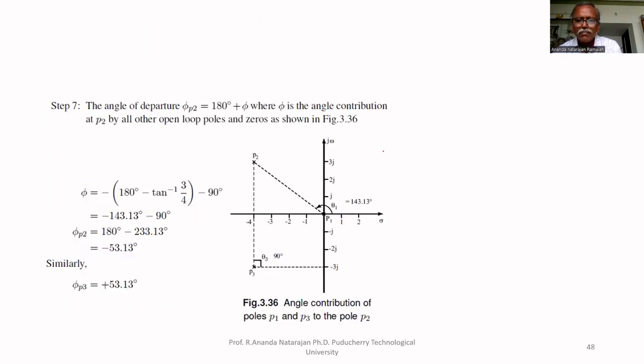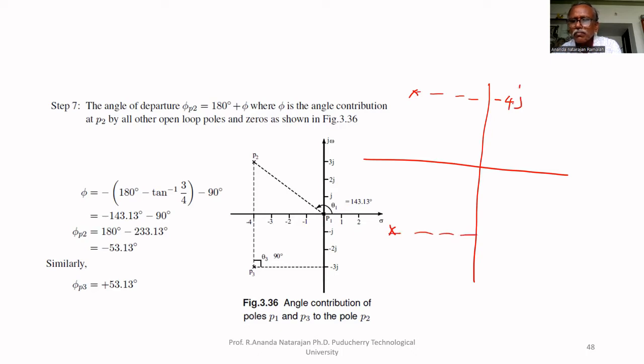To find that angle of departure, one pole is at minus 3 plus j4, another pole here at minus 3 minus j4. We have to find the angle of departure at P3. Join P3 and P2, join P3 and P1. We have to find this angle theta 1, this angle theta 2.